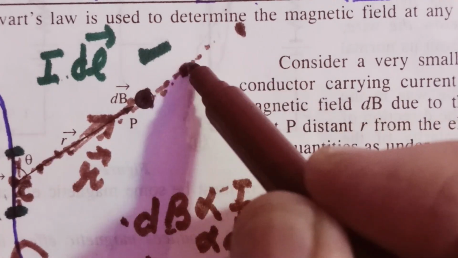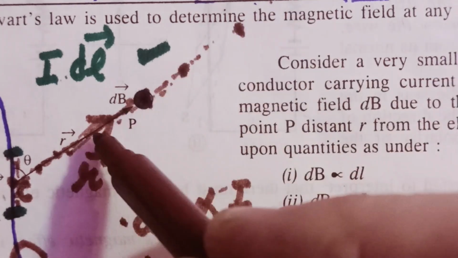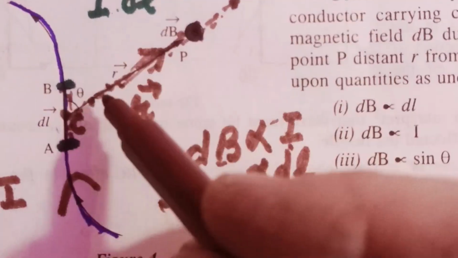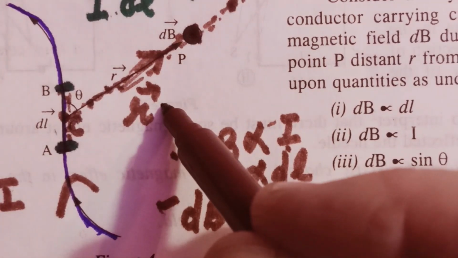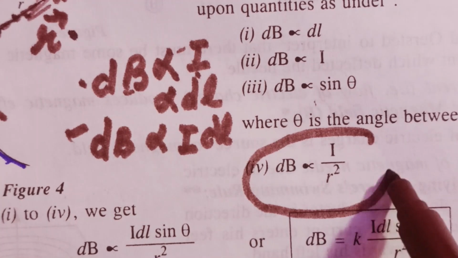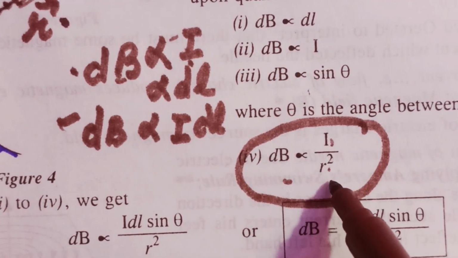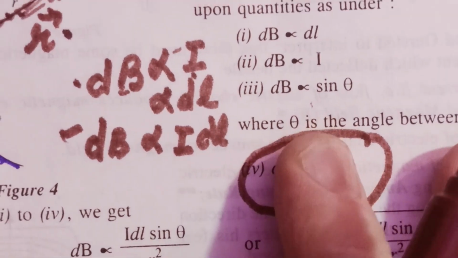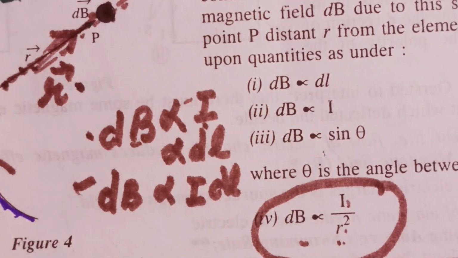The field value will go on decreasing in magnitude. And the field which decreases with increasing r follows the inverse square law. dB is inversely proportional to 1 over r squared. As r increases, dB decreases. Now then, this next point is very, very important.